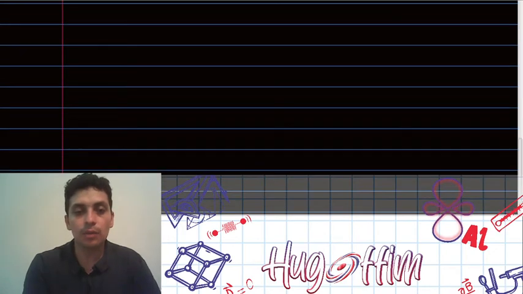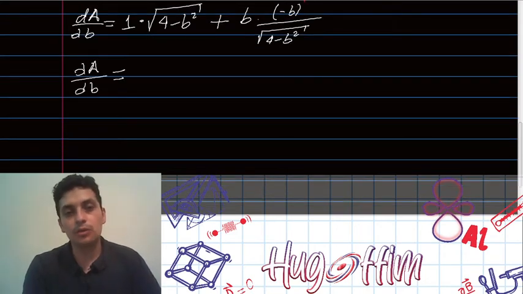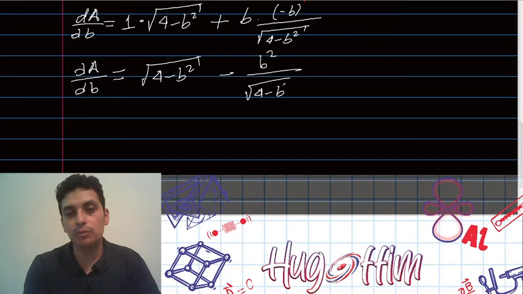Okay, so I'm going to simplify it a little bit. The dA/db is going to be 1 times this root of 4 minus b squared, plus, minus times plus, negative, b squared over root of 4 minus b squared. Okay, so basically this is what we have.